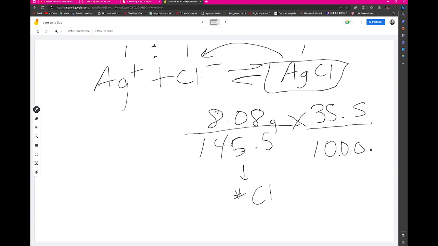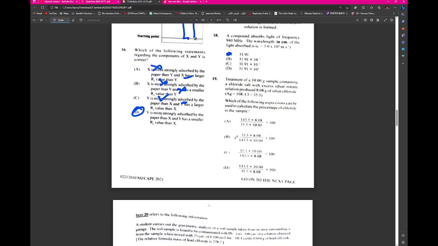And if we need now to get the percentage, all we do is times everything here by 100. So we need to find something that looks similar to this. So it's 8.08 over 143.5, and 35.5 over 10, times 100.